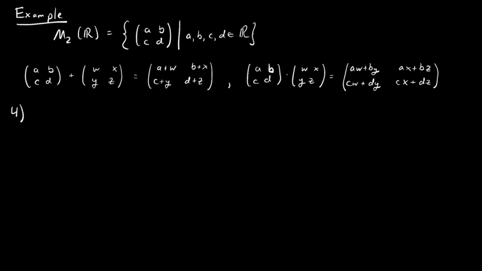Okay, well, what about some of the other axioms? Well, we know that there's a zero element, there's a zero matrix, which is just the entries 0, 0, 0, 0. So I know that A plus 0 is always equal to A for any matrix A. So this is the zero matrix.